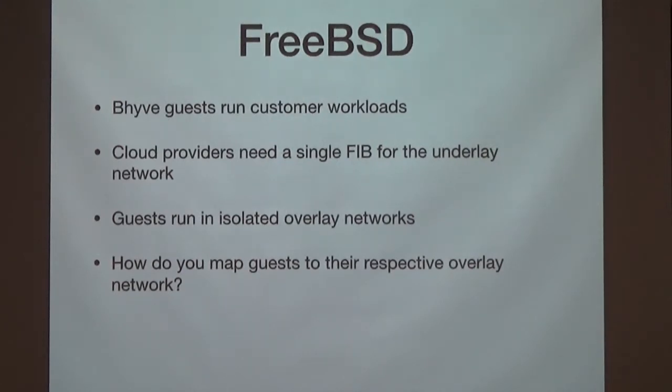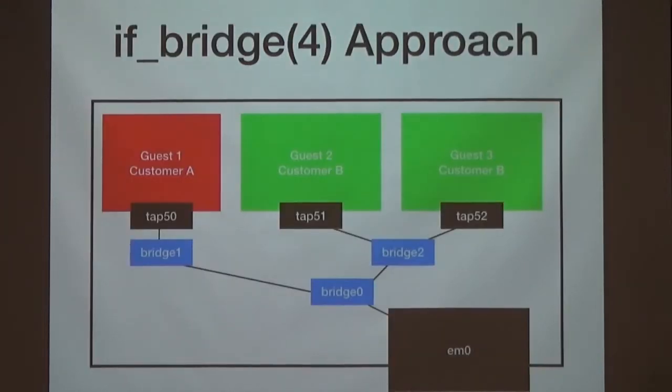The size of the data sets are large. It's not uncommon to saturate 25 gigabits plus worth of throughput in order to make this happen. So performance was a particularly important thing, and why we quickly identified that bridge was not going to work.